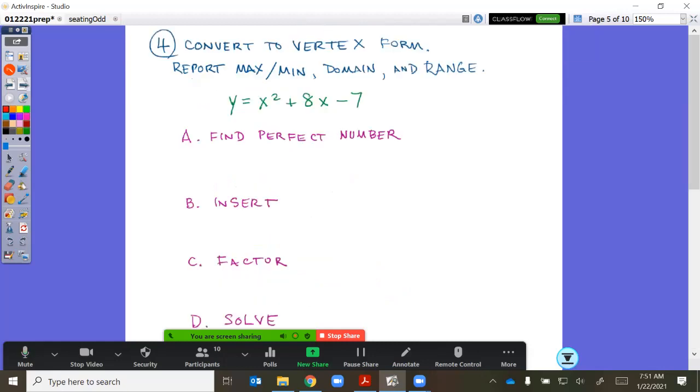Vertex form. So this is kind of a variation of what we just did. I think I heard Sydney say she was going to do everything on the same side. Absolutely. Yeah, this is a good time for that.